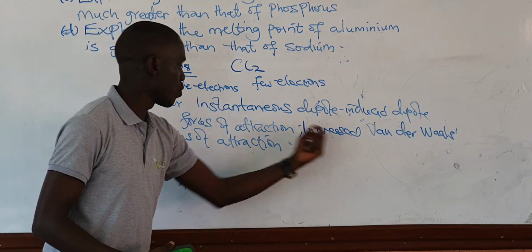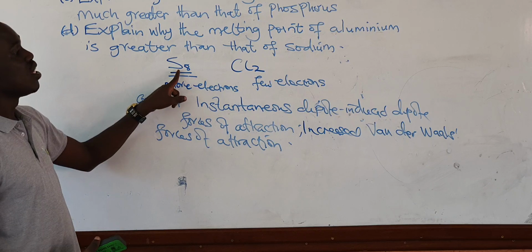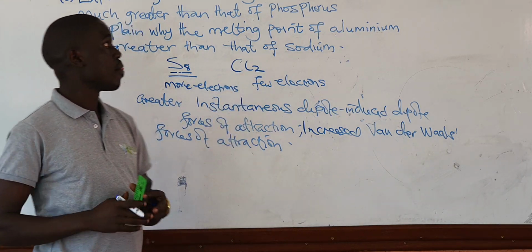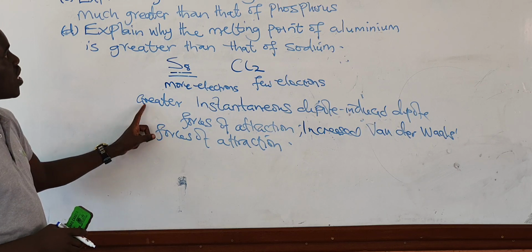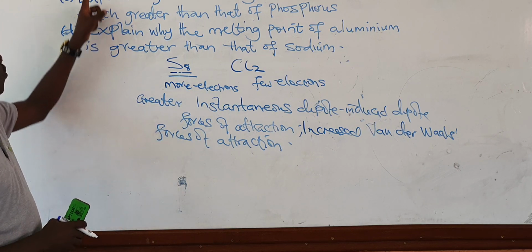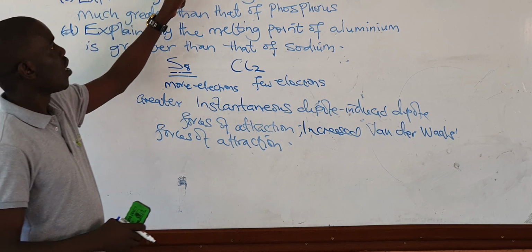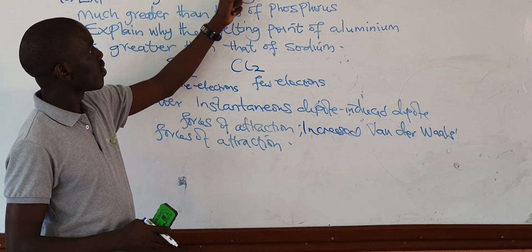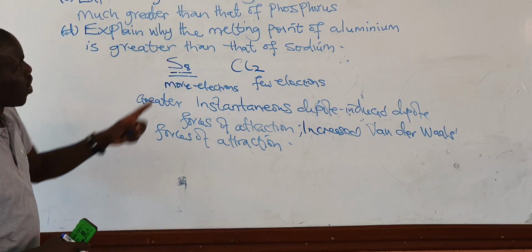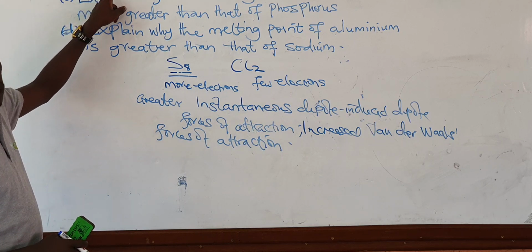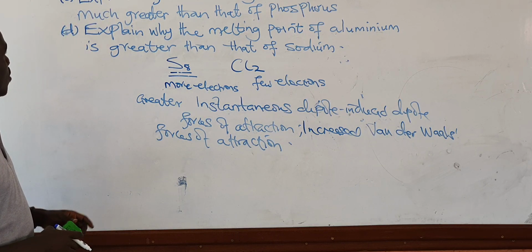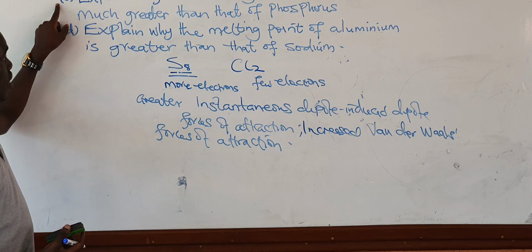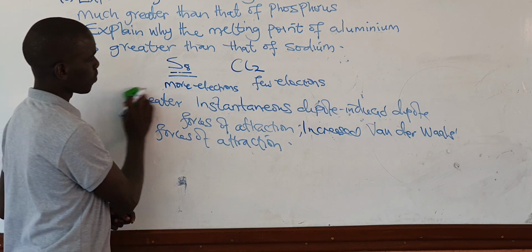So we have here also increased van der Waals forces of attraction in sulfur compared to chlorine. So this one here explains the reason as to why sulfur has a higher melting point than chlorine.